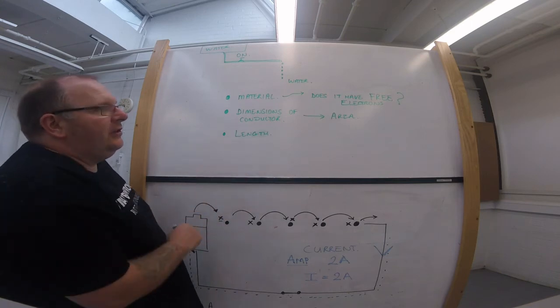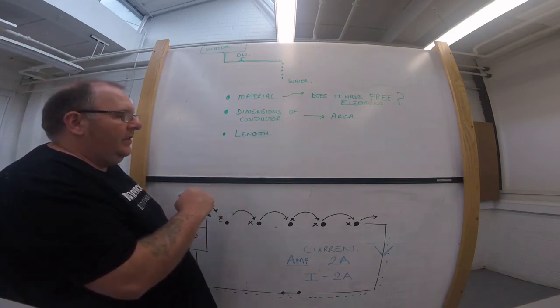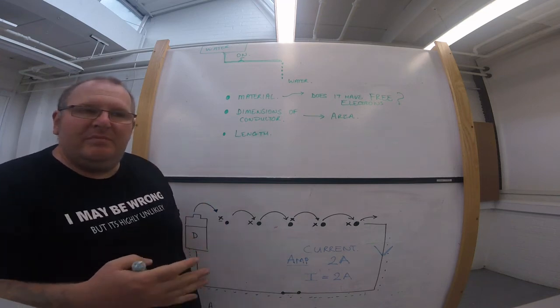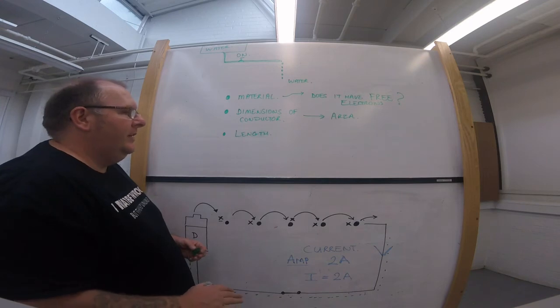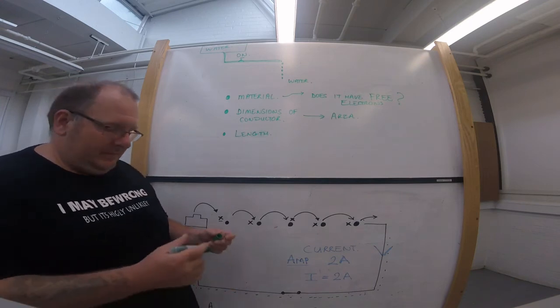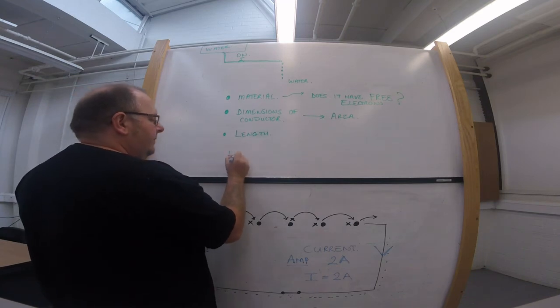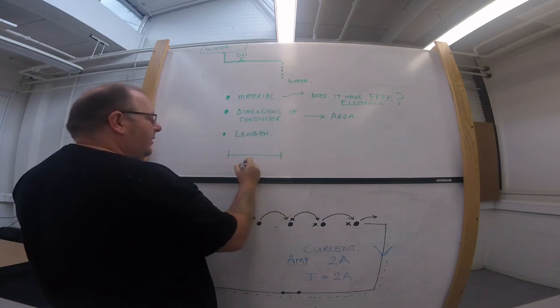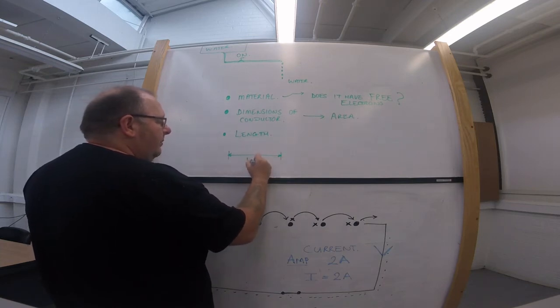Now, in electronics, with electricity, we lose a bit of efficiency when we try to pass through longer distances. So if I have a conductor that is, we'll call it from there to there, 1 meter.